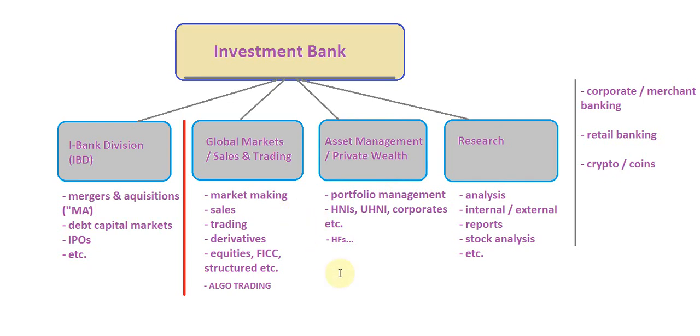First of all, we have the big division called global markets or sales and trading or securities in some other banks. This division deals with everything around trading. Regarding equities, stocks, we're talking about the secondary market, the stock market. We have market making activity by the investment bank.